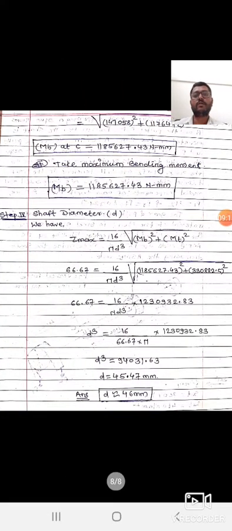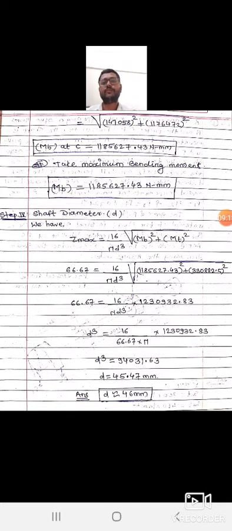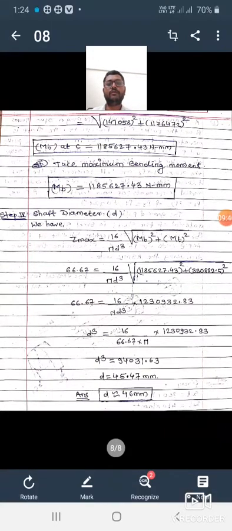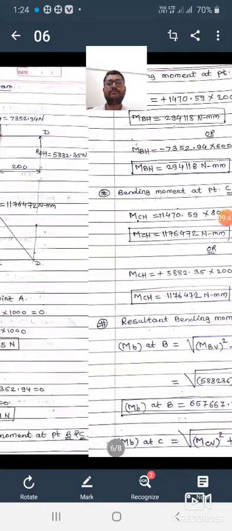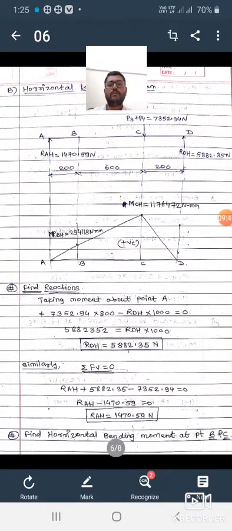Then you have to just calculate, and we get answer for bending moment at point C is 1185627.43 Newton mm. And by taking the maximum bending moment, here maximum bending moment is 1185627.43 Newton mm.